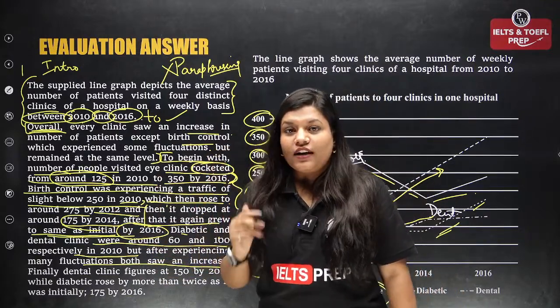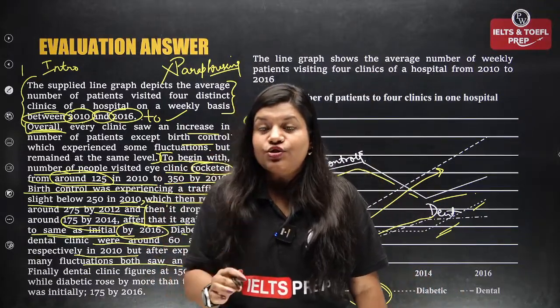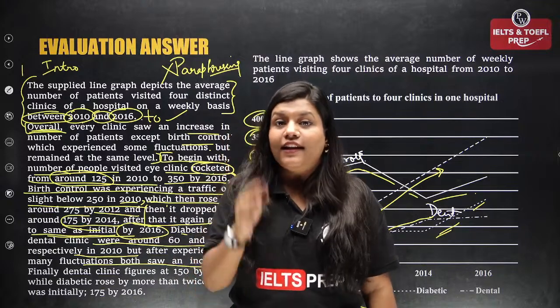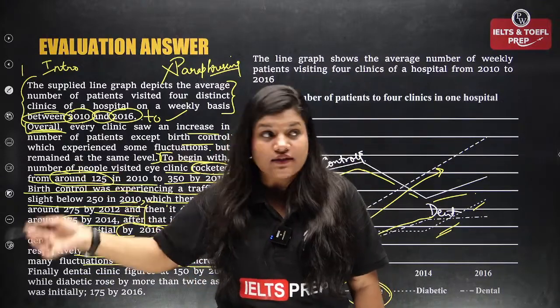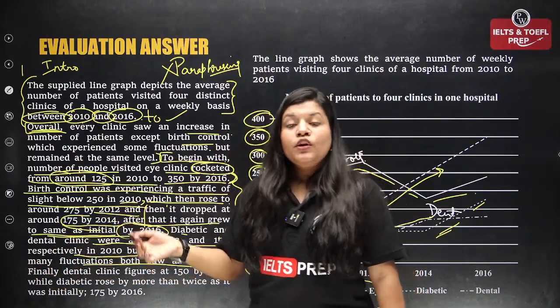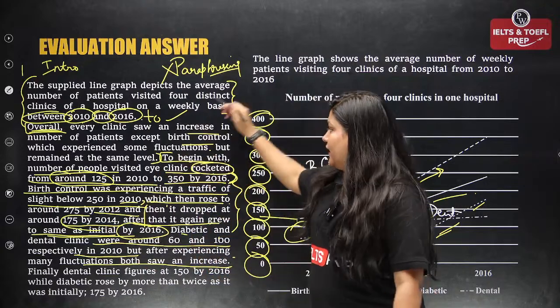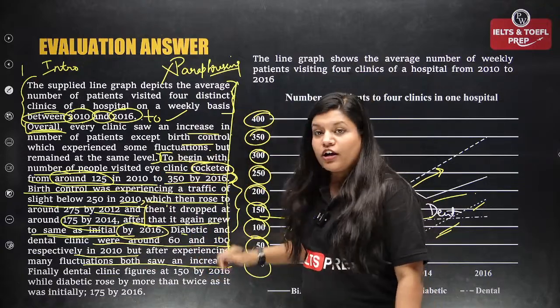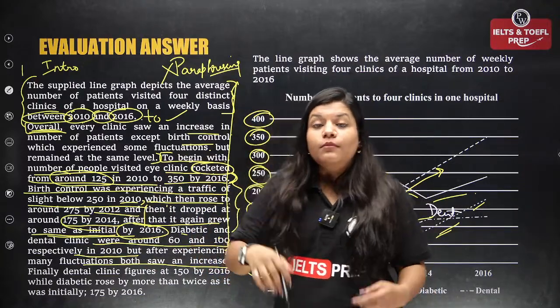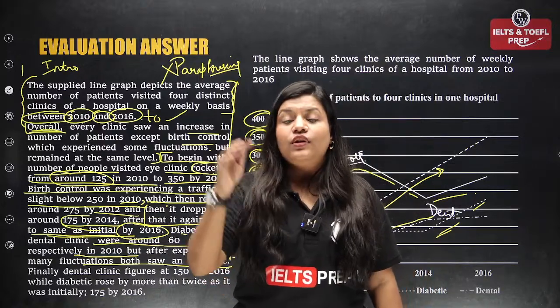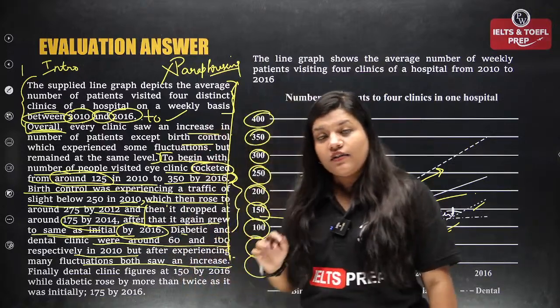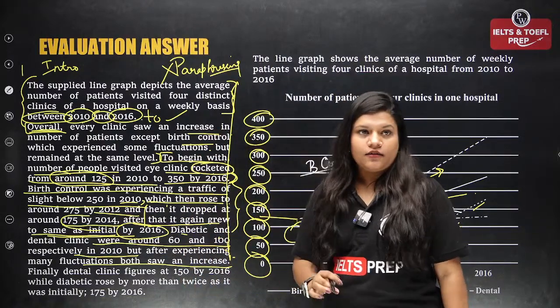If you are using a good level of sentence, make sure you maintain it or retain it till the end of the answer. Got it? So if you're maintaining a good flow from here to here, make sure you improve it. You don't have to degrade it. Okay, otherwise your band score will also be degraded.